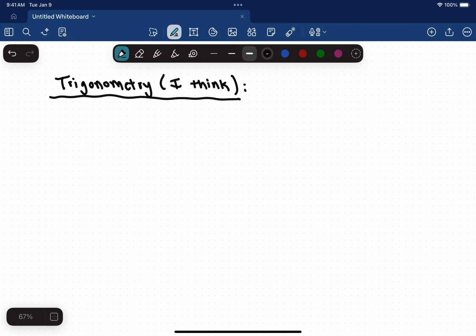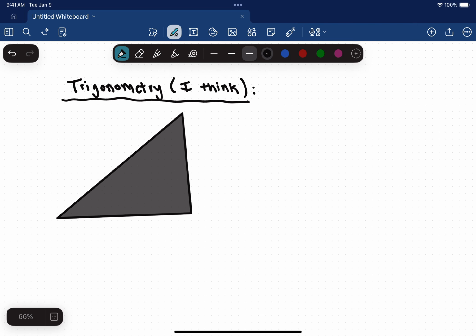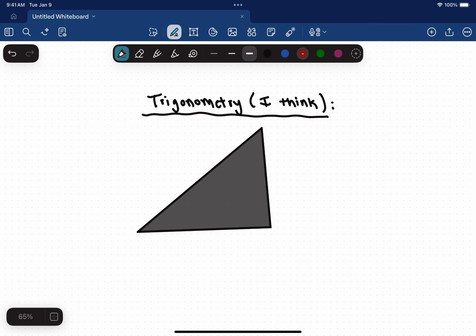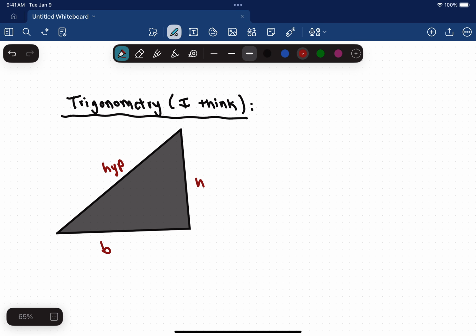So let's say again we have a triangle. Basically, a triangle, as you know, is going to be base, height, hypotenuse.